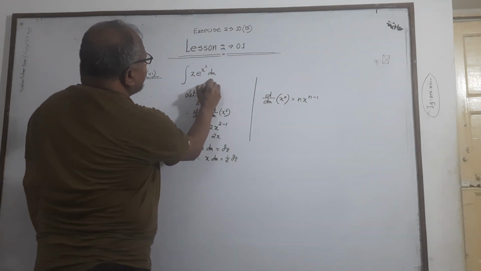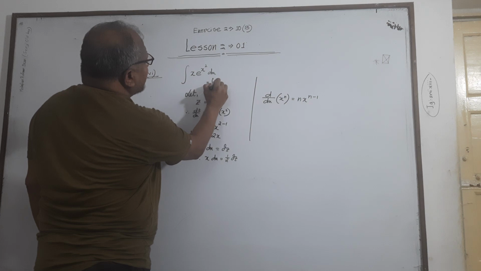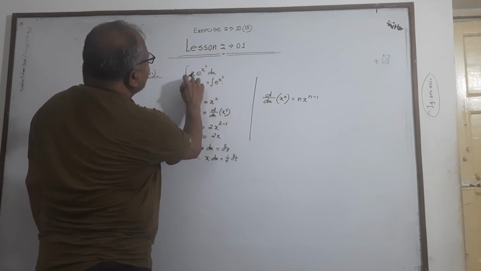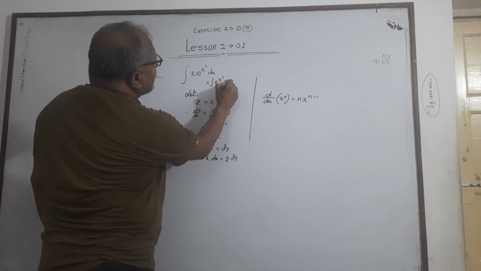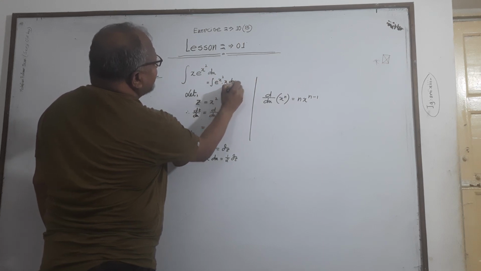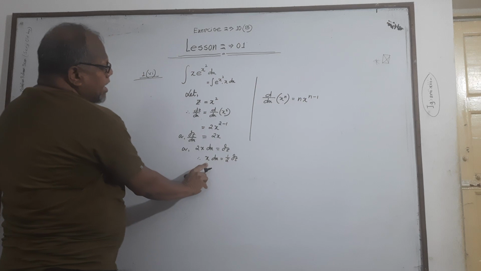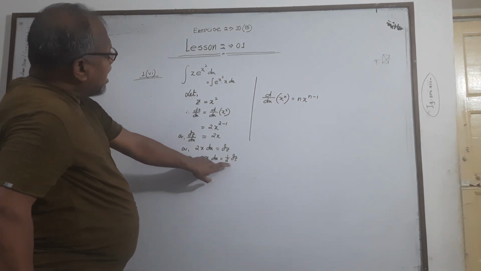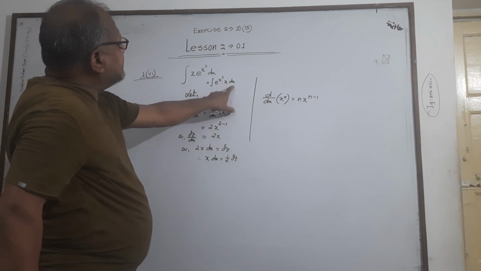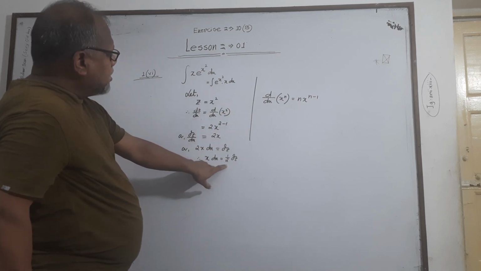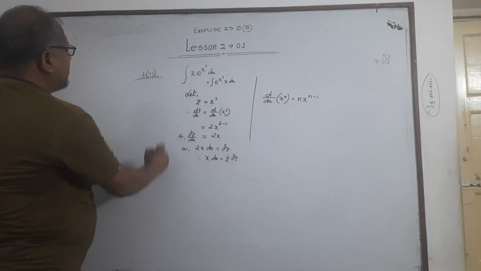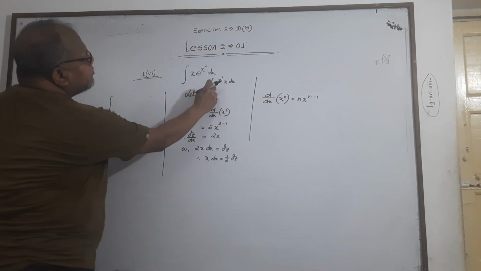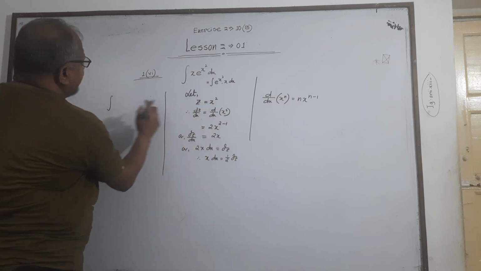Here I can organize it a little, like e to the power x square into x and dx. I make here x dx, so I get the value x dx is equal to half of dz. So instead of x dx, I will put half dz. Here integration of e to the power x square, where x square means z.